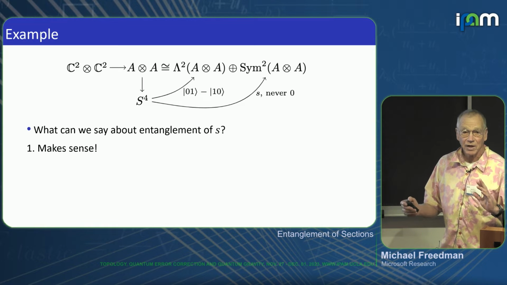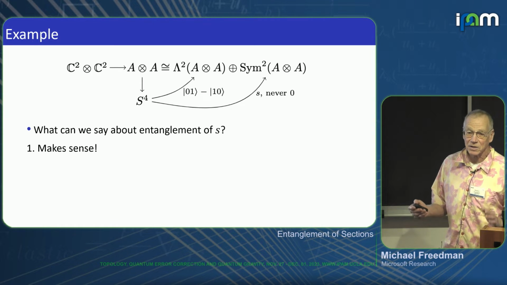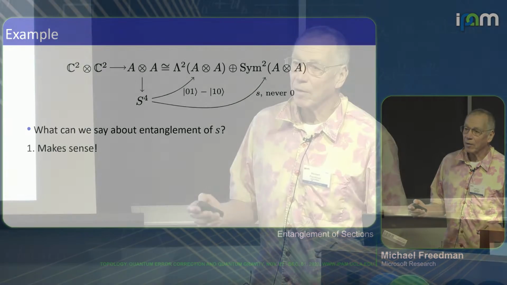That should not change the amount or the type of entanglement under discussion by definition. And when you look at a vector space that you're not holding directly in your hand, but you only know up to automorphisms of tensor factors, you still have all the information you need to discuss entanglement in that vector space, because it's precisely the ambiguity that comes from the unknown automorphisms of the factors that is ignored in the subject of entanglement. So it's perfectly sensible to talk about the entanglement of a section, even though we don't have coordinates exactly on the space.